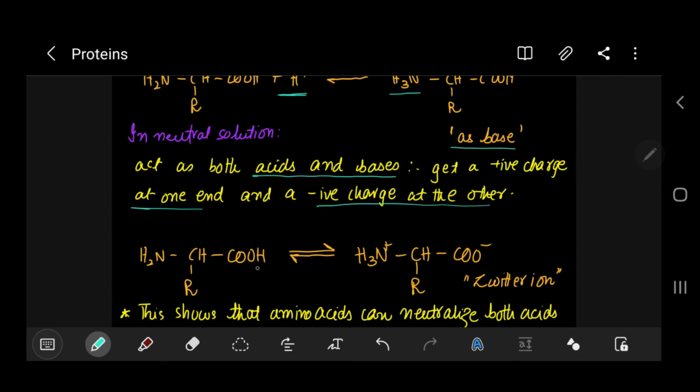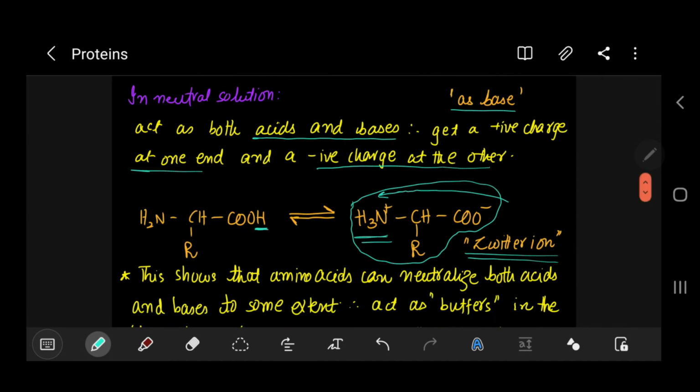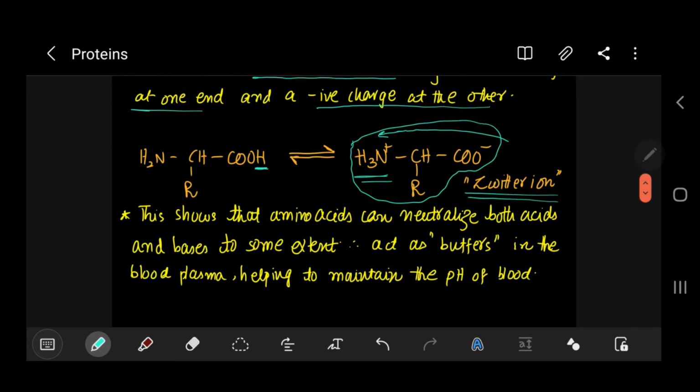The COOH dissociates to form COO- and an H+ ion, and that H+ ion goes back to here, from here to here, and forms the NH3+ ion. Very simple. We give a special name to this whole complex, and this is called a zwitterion. Right pronunciation.